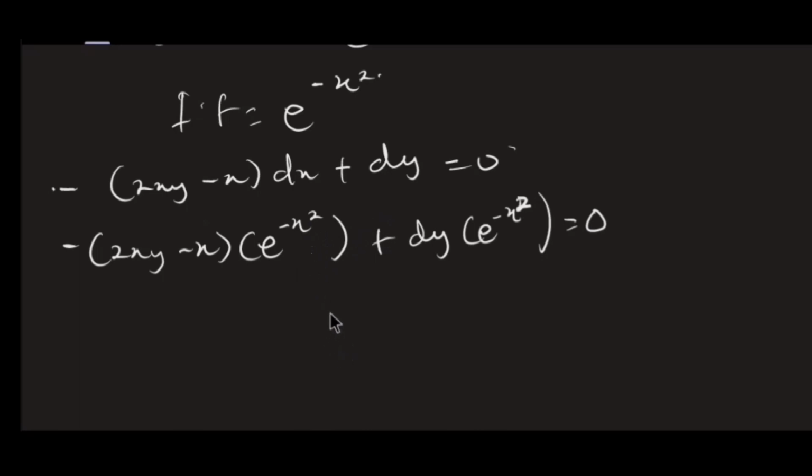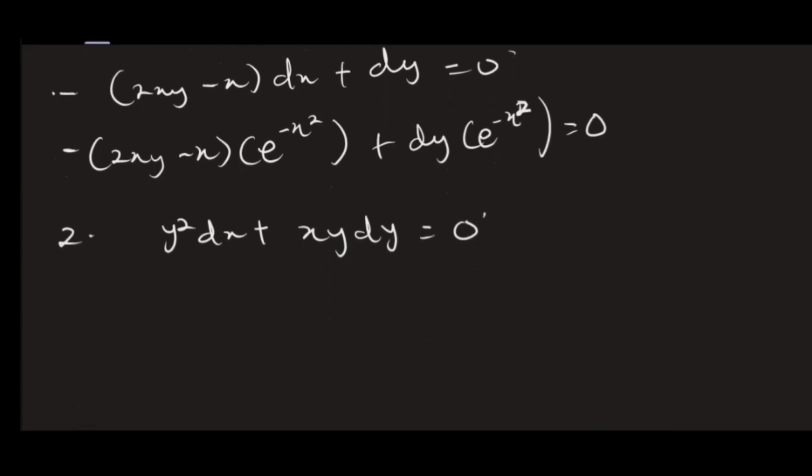Now let's see the second problem. I have y squared dx plus xy dy is equal to 0. At this point, I'm to check if it is exact. This is my m of xy, which is y squared. My n of xy is what? xy here.